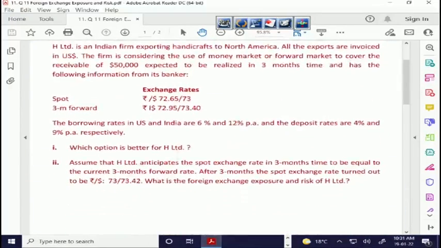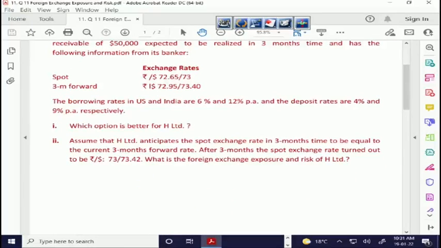Let's see the second part. Assume that H Limited anticipates the spot exchange rate in 3 months' time to be equal to the current 3-month forward rate. So the expected spot rate after 3 months is equal to the current forward rate. You know what theory it is called? It's called pure expectation theory, where the forward rate is the expected spot rate.